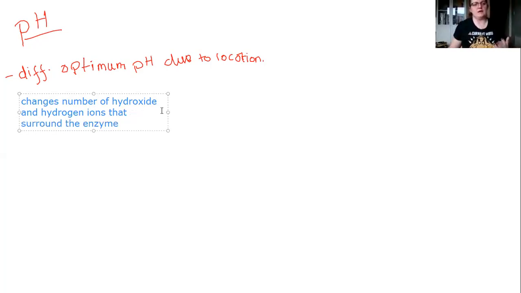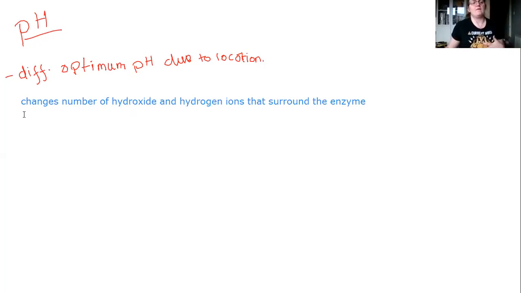So if we have a change in pH, as you know about acids and alkalis, that means we have a different number of hydroxide and hydrogen ions around our enzyme. What this does is these interact with charges on the enzymes.